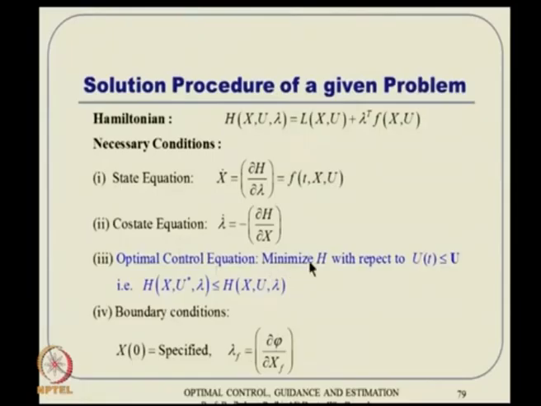Instead of del H by del u equal to 0 and solving for the control out of that, you have to analyze this relationship carefully. The Hamiltonian evaluated for the optimal control has to be less than or equal to the same expression evaluated for a non-optimal control. Utilizing this relationship, you should be able to come up with a control function. The state, co-state and boundary conditions also have to be honored along the way.